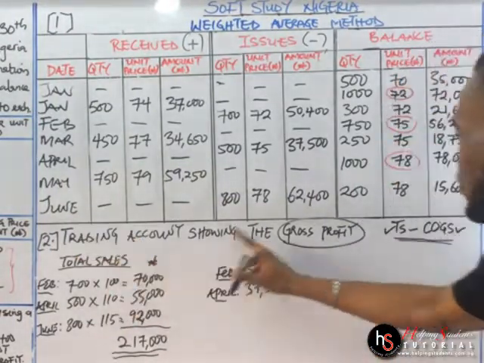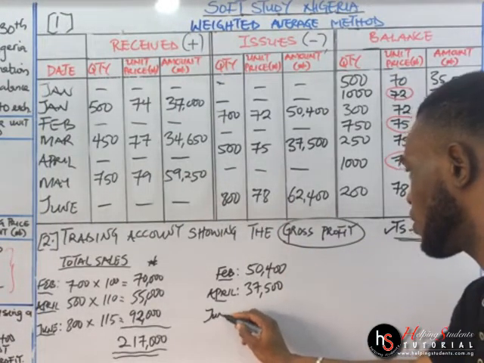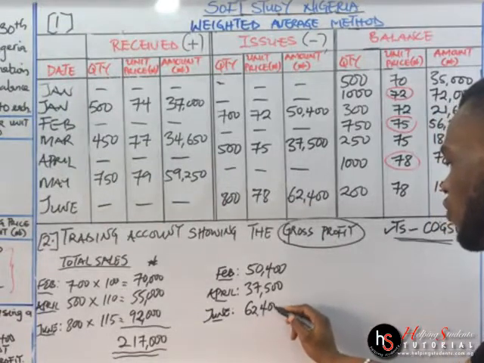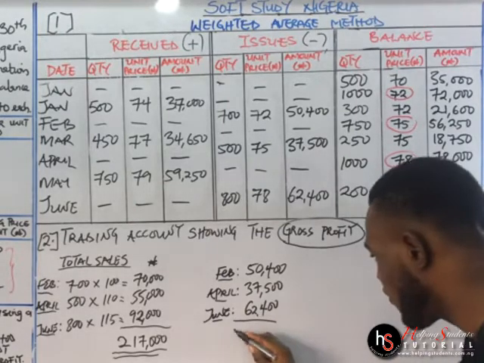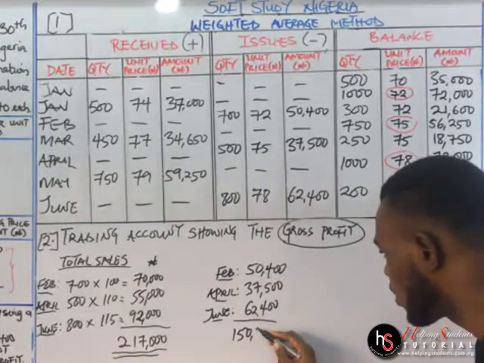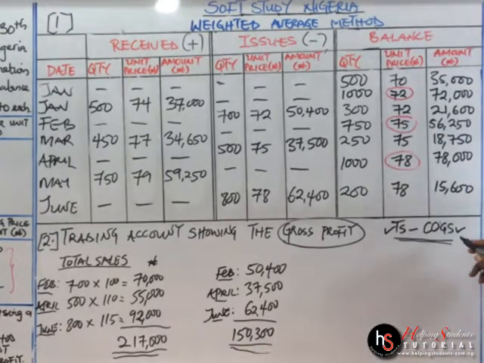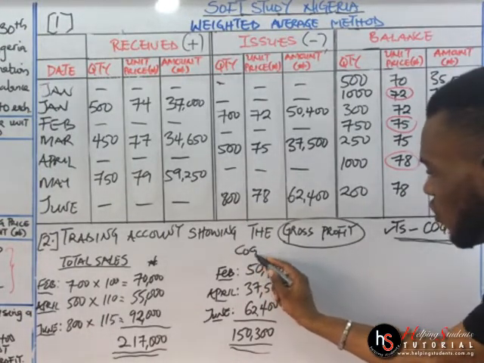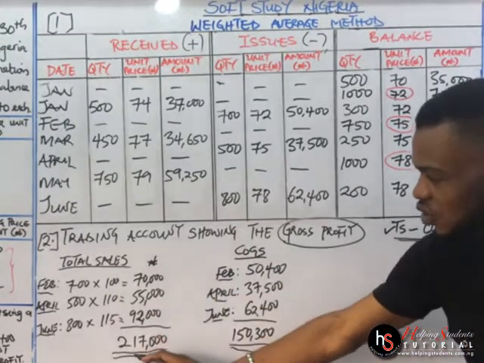Then for June, we have 62,400. So we are going to sum everything, and once we sum it up, it gives us 150,300. Now we've got our cost of goods sold. So this represents our cost of goods sold, and this is total sales.